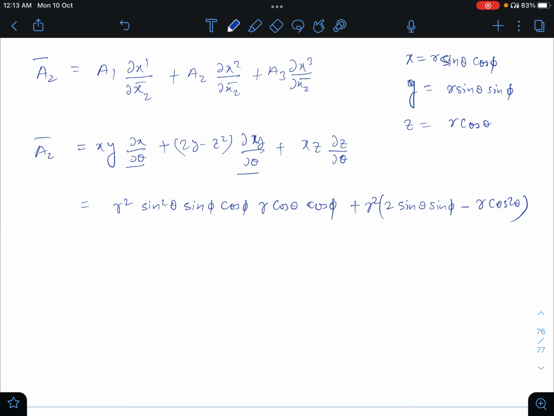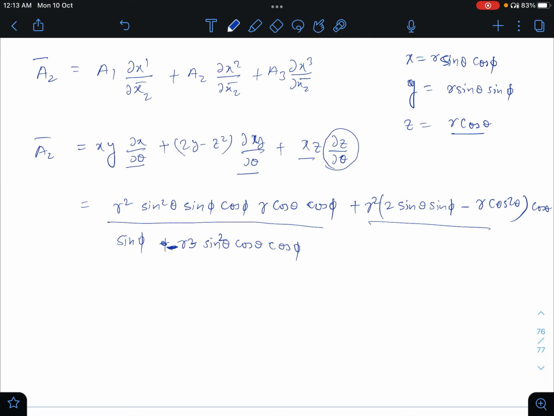So this will become r square cos theta sine phi, and plus x into z will become r square sine theta cos theta cos phi, and del z upon del theta will become minus r sine theta. So this would become minus r cube sine square theta. So this is our a2 bar.